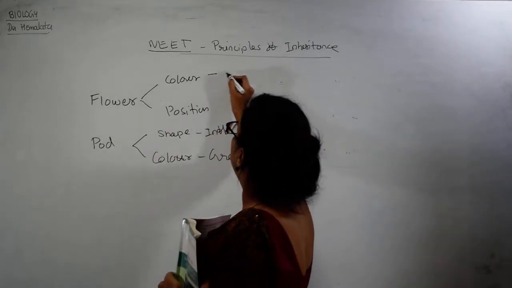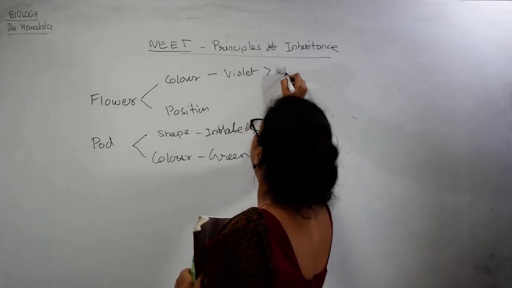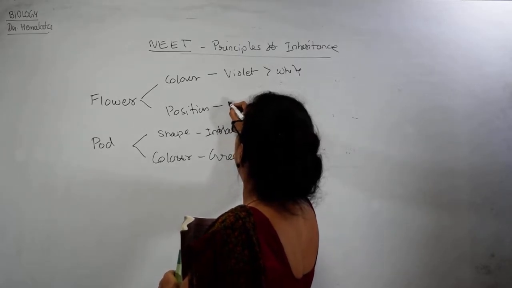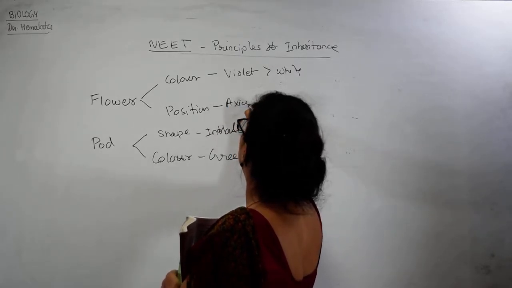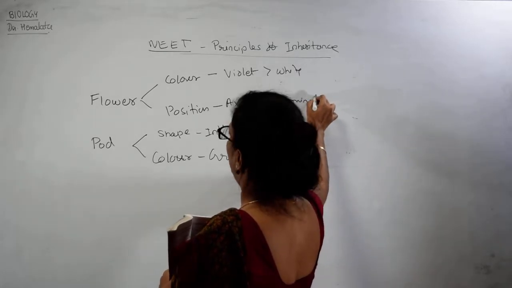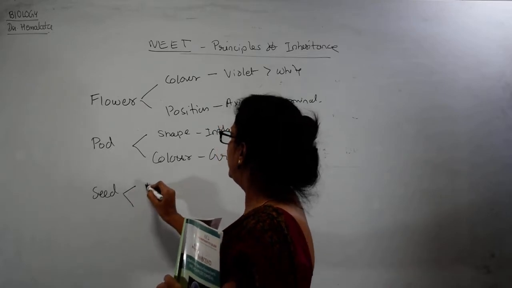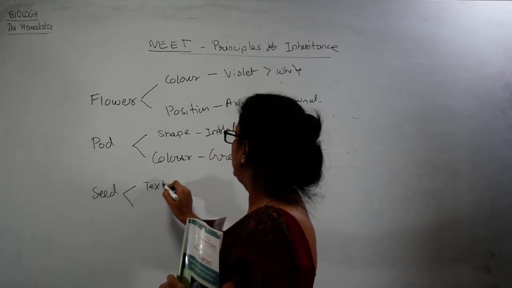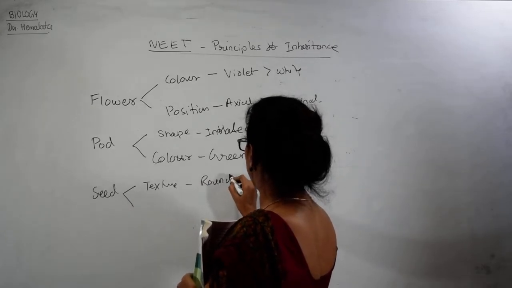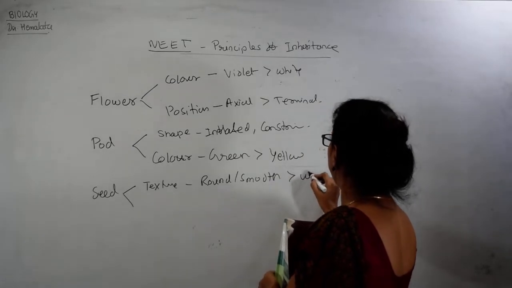So here color, I told you violet flowers dominate over white flowers. Position, what is that? We learnt the axial flowers are dominant over the terminal flowers. So all you have to count. Then seed. What is studied? Seed texture, that is the round or the smooth seeds. Round and smooth are same. Dominating over the wrinkled seed.